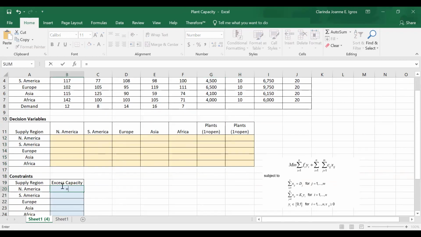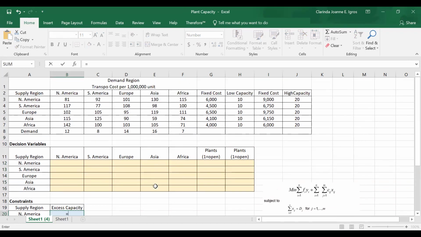So the formula is the capacity multiplied by the value of the plant, since it's just 1 or 0, so it will have a 0 value if the plant is closed.